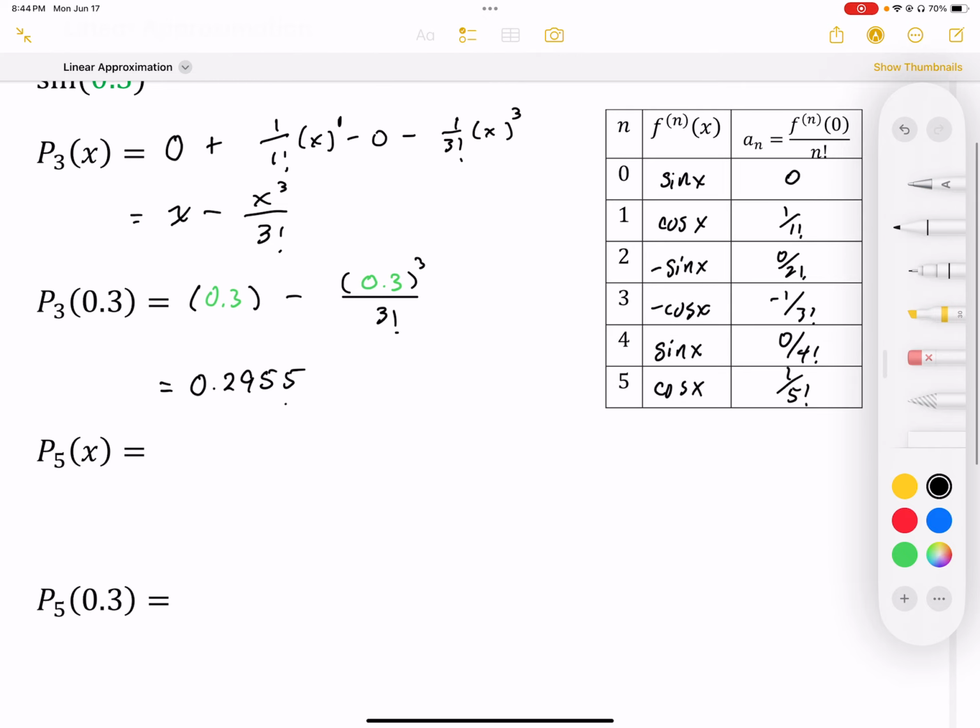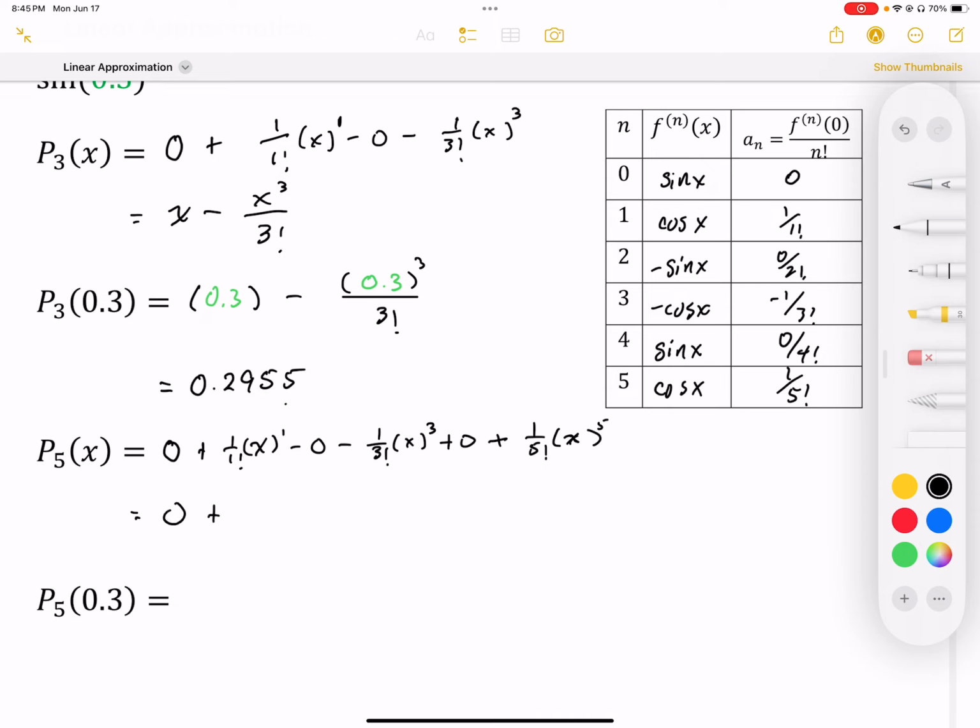So we can then set up our Taylor polynomial, or our fifth degree approximation formula. It's going to be 0 plus 1 over 1 factorial, x to the power 1, minus 0 minus 1 over 3 factorial, x cubed, plus 0 plus 1 over 5 factorial, x to the power of 5.